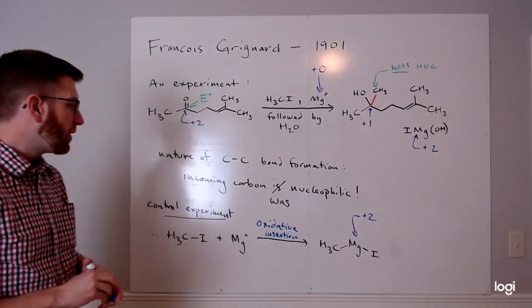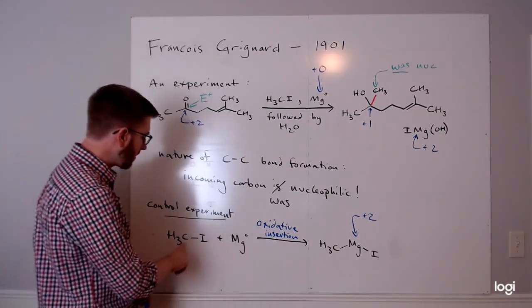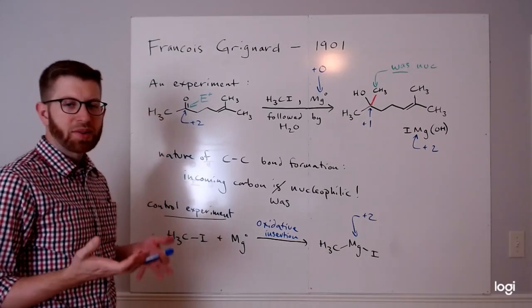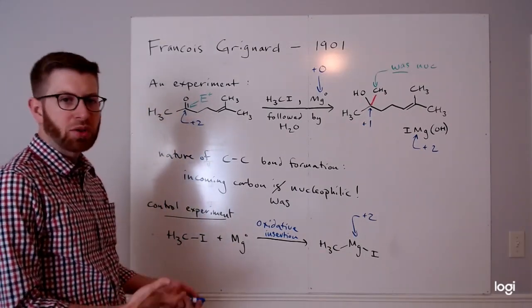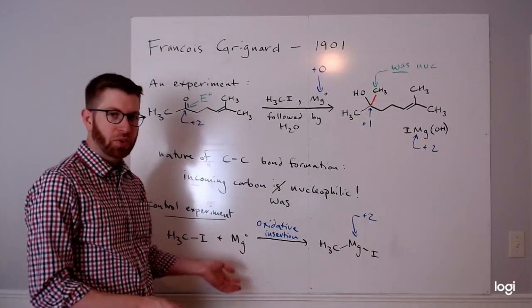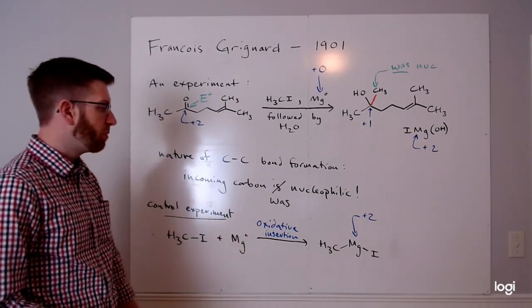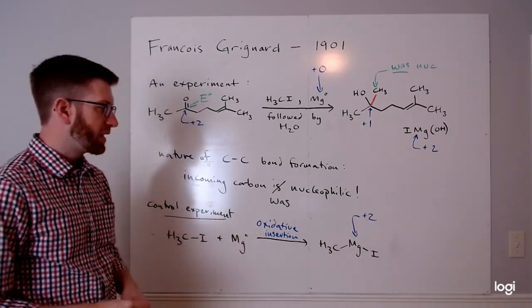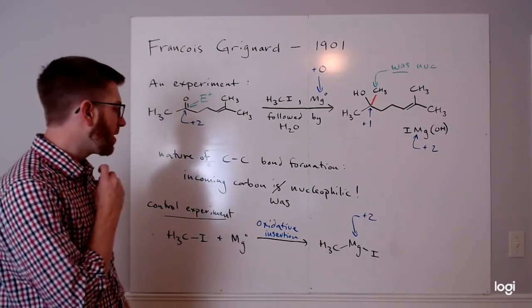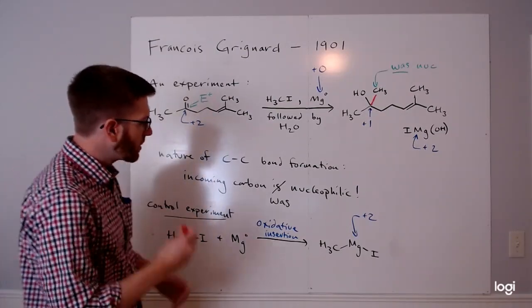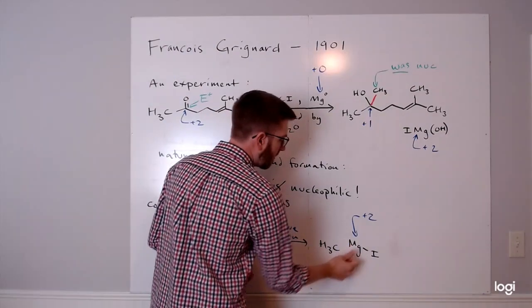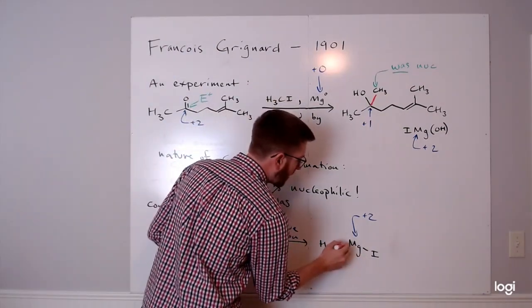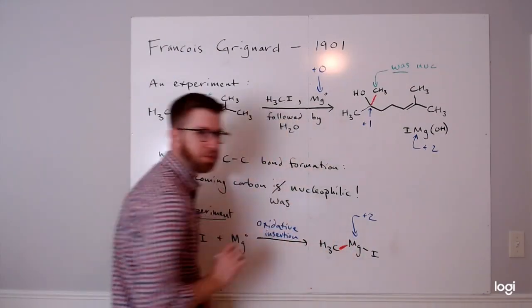If you like, you can think of it as the magnesium acting as a nucleophile toward this carbon. I don't think that's a great analogy because we know a lot mechanistically about how this works. I'm not going to go down that rabbit hole because it's complex to say the least, and we don't need to worry about it right now. But I also want to focus on this kind of compound where we have a carbon-magnesium bond.